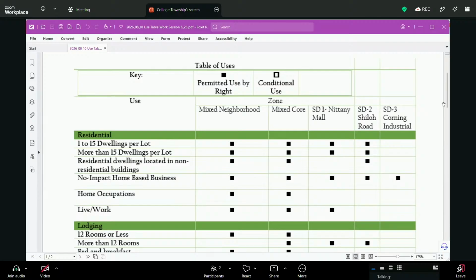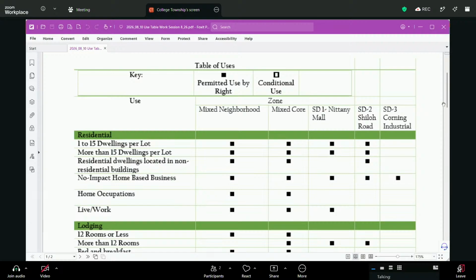Are there any questions about how residential is laid out? What is a no-impact home-based business? That's one that people aren't coming to. So you're baking food and taking it out of the house? Yeah, you don't have anyone coming and going to that business. And home occupations, is that a home office or something? I think home occupation was said to be minimal impact, below a few people coming and going from that property.